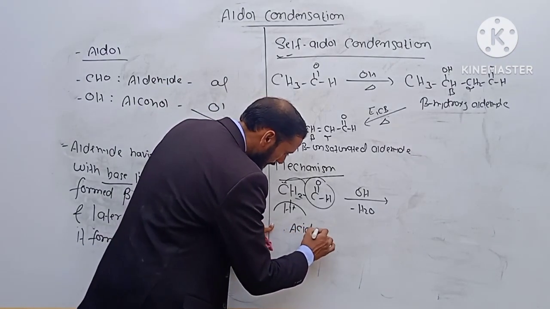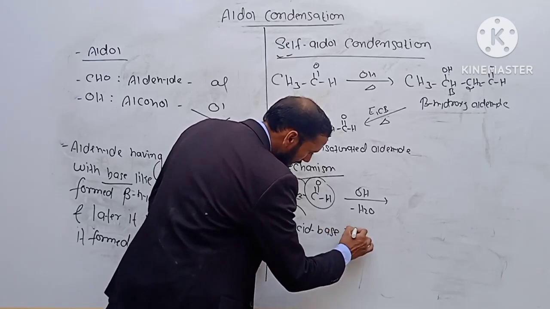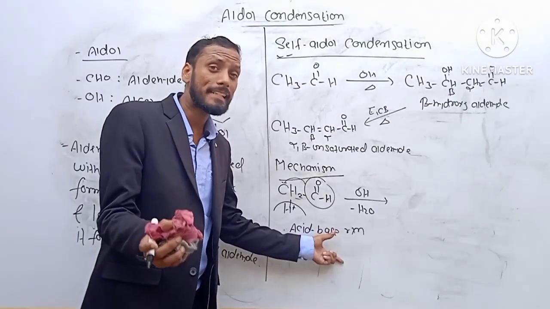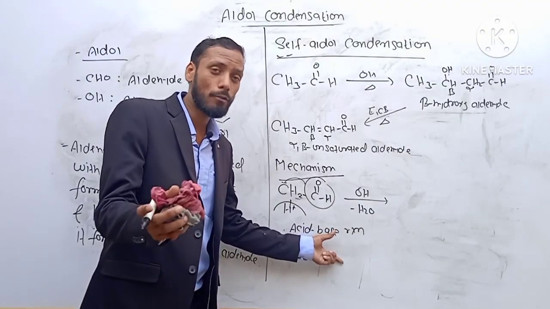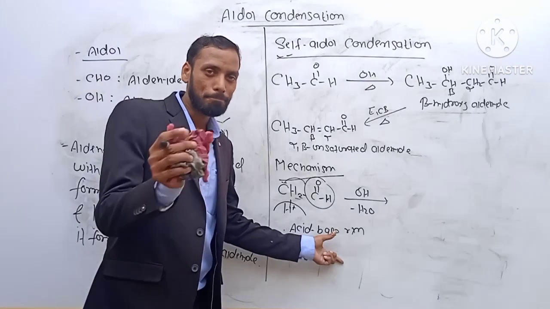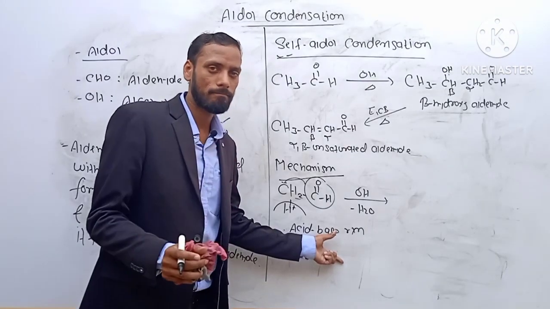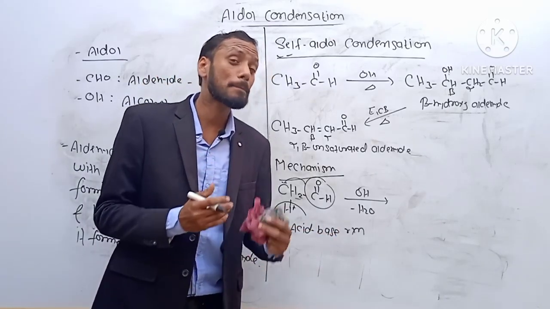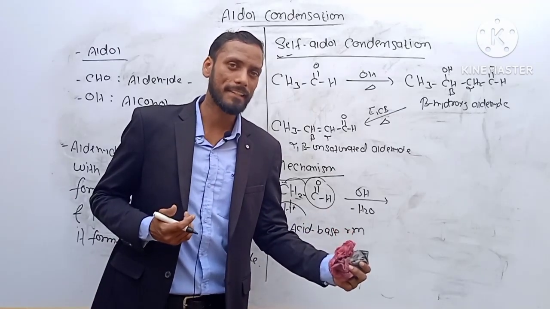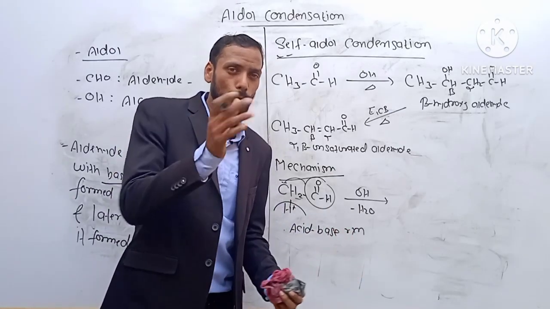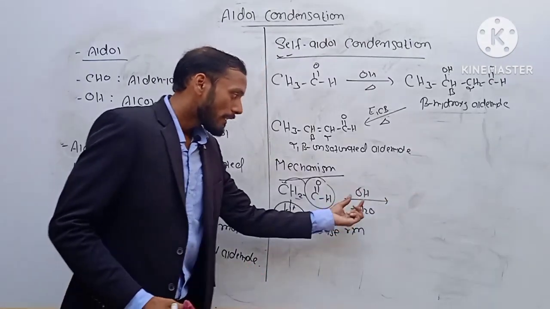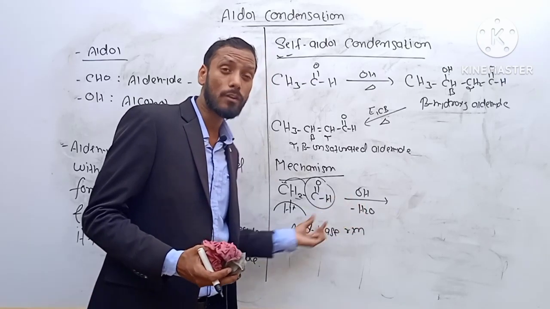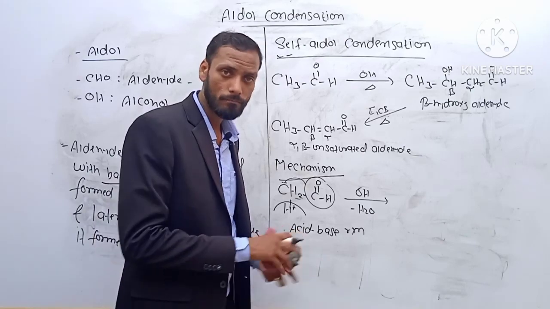Here an acid base reaction is carried out. You know about acid and base. According to Arrhenius, a base gives OH minus when dissociated in water, and an acid gives H plus when dissociated in water. According to Lewis, an electron pair donor is a base, and an electron acceptor is an acid.